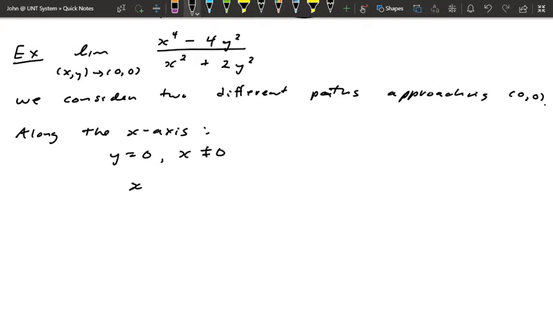So in that case, what does this function simplify to? All right, so y is equal to 0, so it disappears.